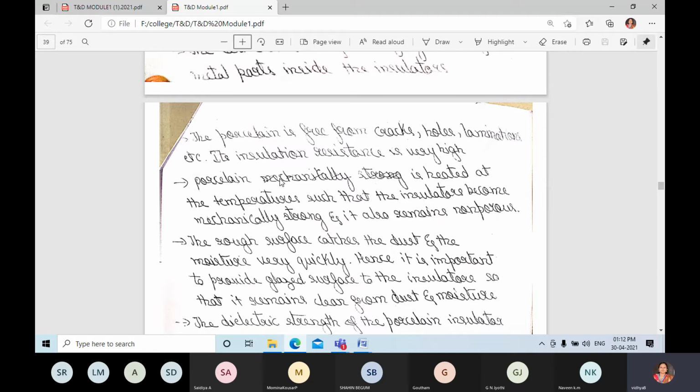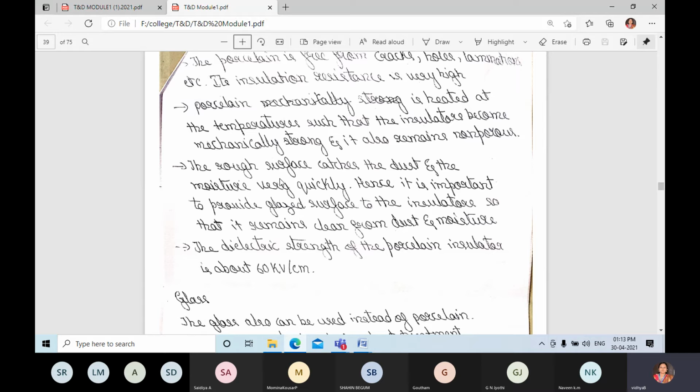Why do we need it clean? One reason is that it should not affect the inside parts of the insulator. If it is porous, it will absorb moisture and the inside parts will be affected. That should not happen, so they have glazed the surface of the insulator.